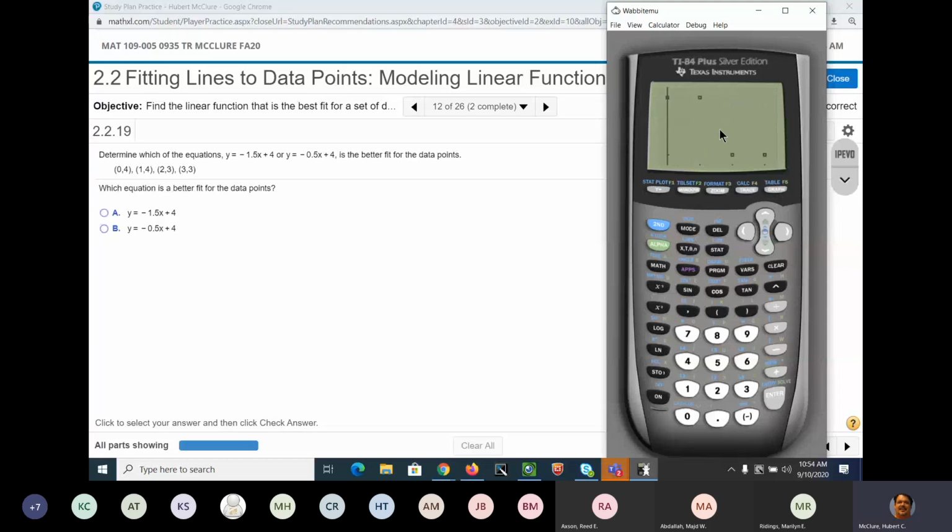There's not much correlation there, so you're not going to have a line going up at 45-degree angles through here. So I'm going to go to stat, calculate, first variable, linear regression, and calculate.